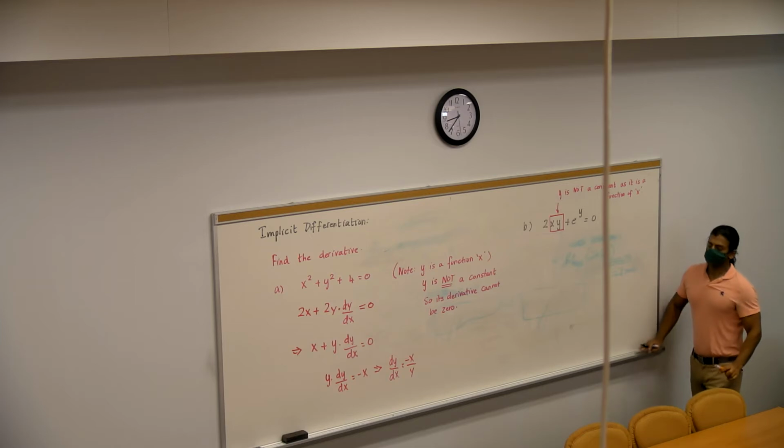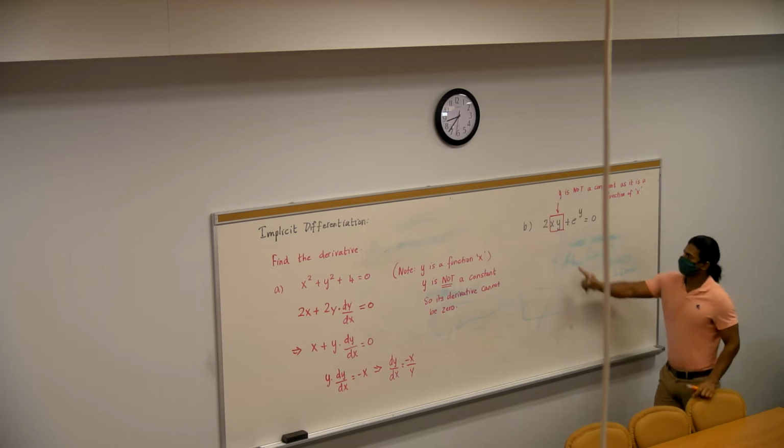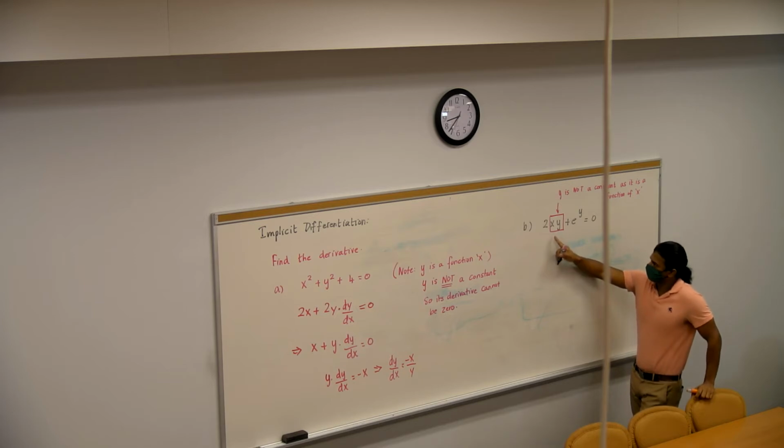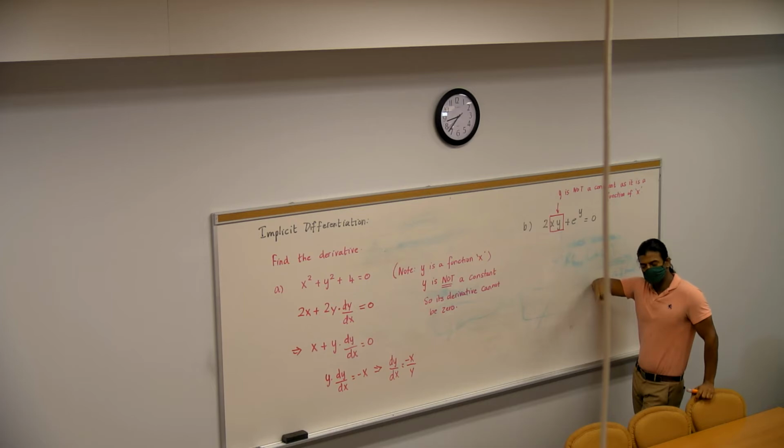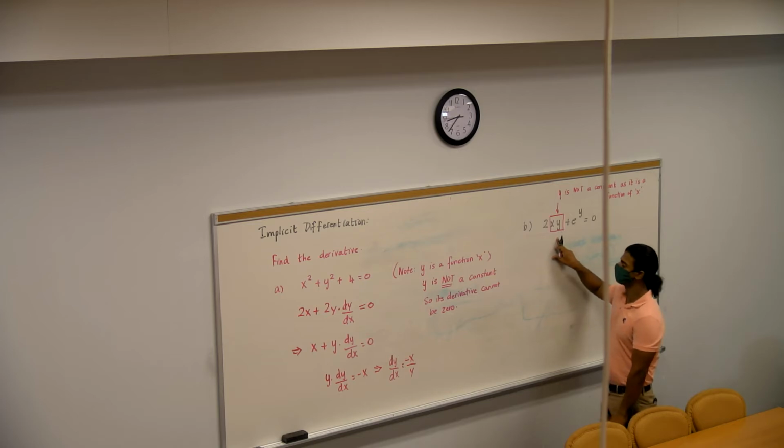So, since y is not a constant, and we would have a function x multiplied by a function y which is dependent on x, so we have to use product rule for the very first part.